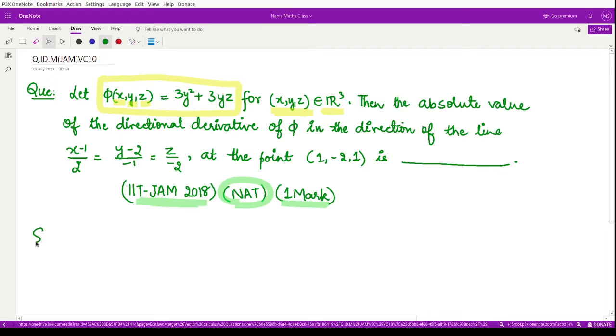The first thing you are required to know is the formula for calculating the directional derivative.